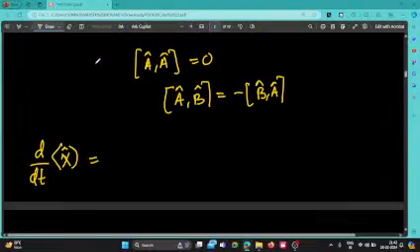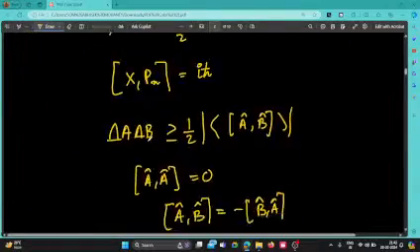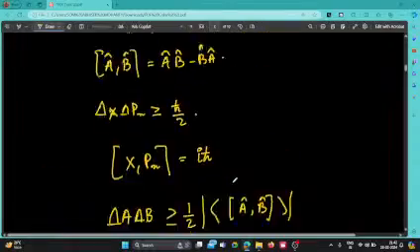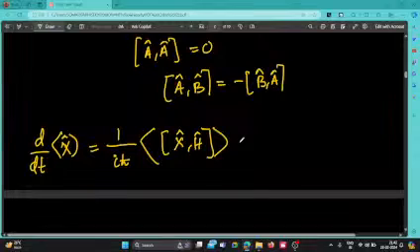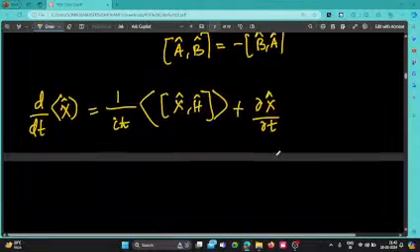So 1 by iħ, expectation value of the commutator of x and H, plus del x by del t. Is it clear?